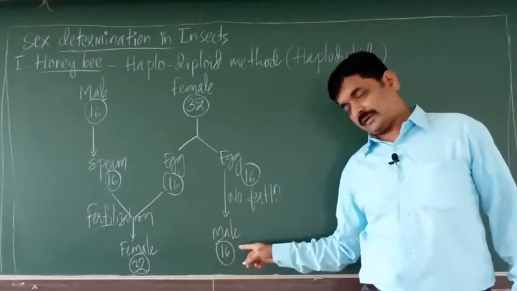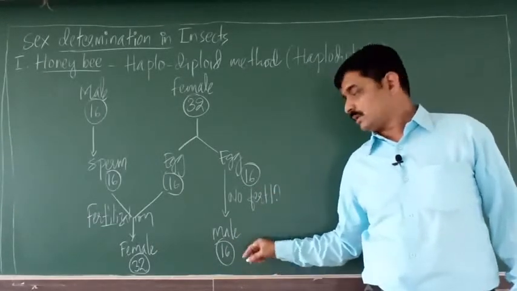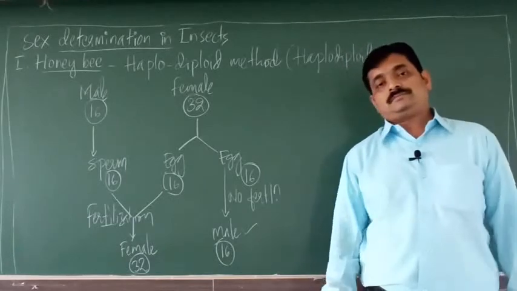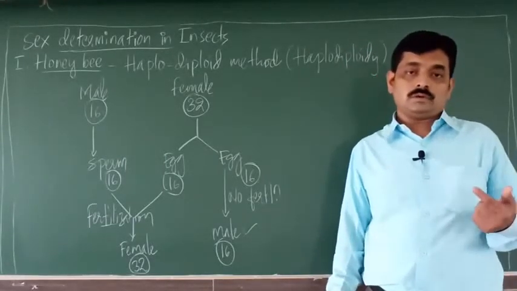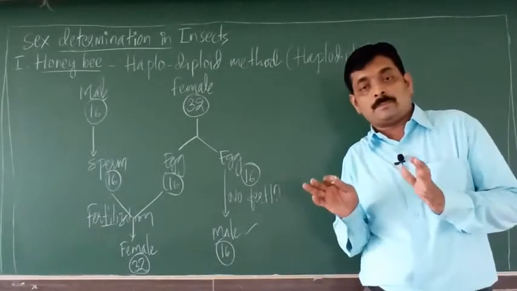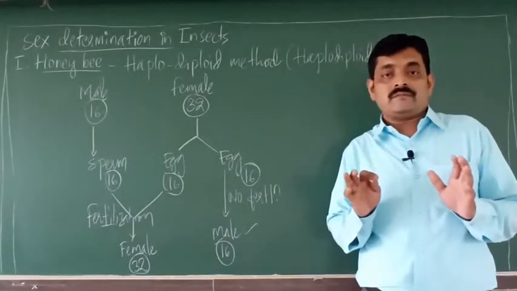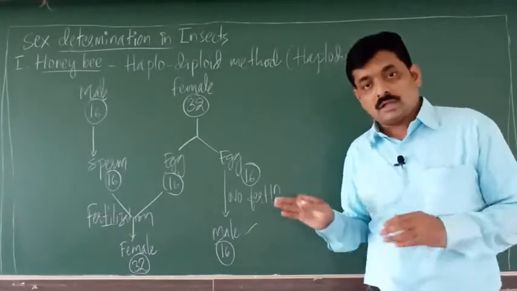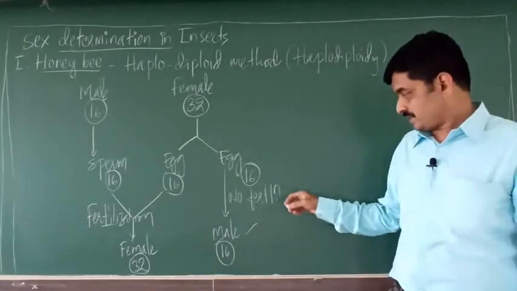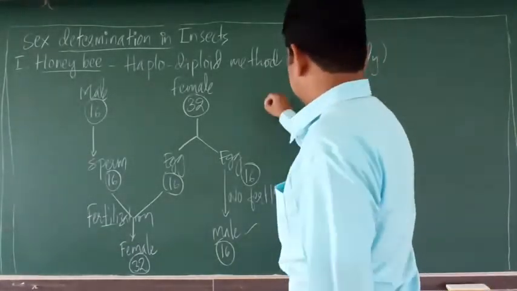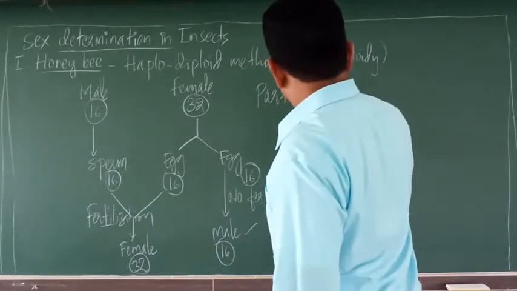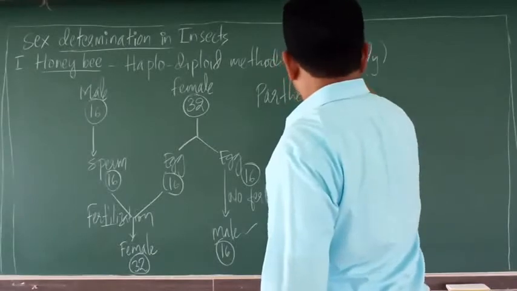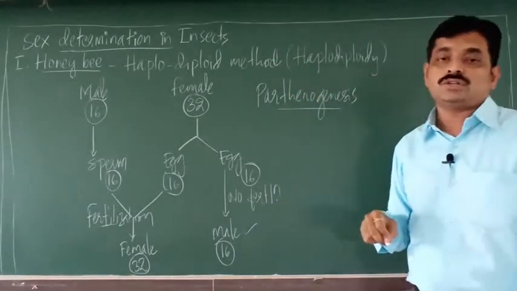Now this offspring, which is having 16 chromosomes, forms the male. So male honeybees are formed without fertilization. They directly develop from the unfertilized egg. This process is called parthenogenesis.